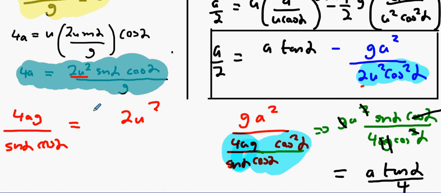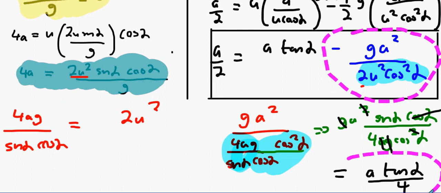All right, that's great. So what I'm essentially saying here is that this guy here is the same as this one here with a minus. Is that all right? So we go down here. A over 2 equals A tan alpha minus A tan alpha over 4.